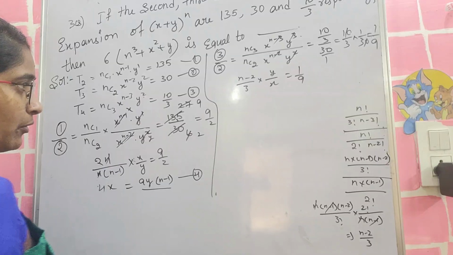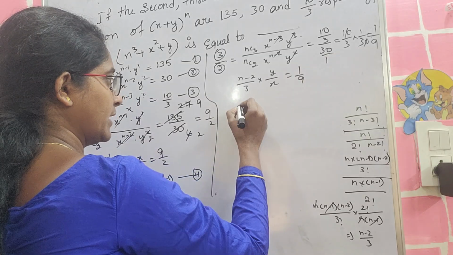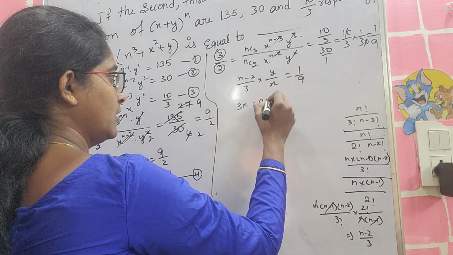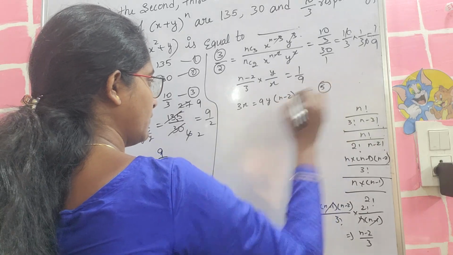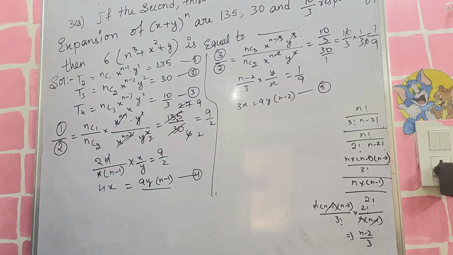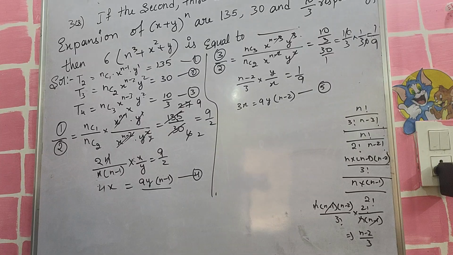Now if I write it in a proper way, 3x is equal to 9y of n minus 2. This is equation 5. So if I compare these both, y got 9, I should have got 4, no?